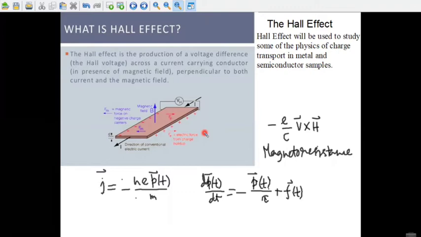The resistance is due to scattering between the carriers and impurities in the material and between the carriers and the vibration of the material's atoms. So each charge carrier is accelerated by the applied fields, but every so often it scatters and loses energy.